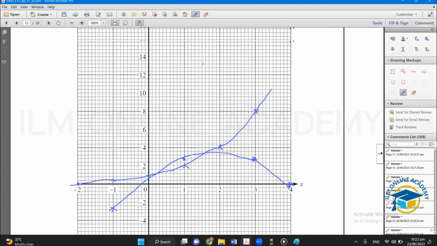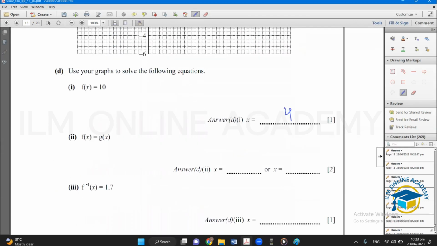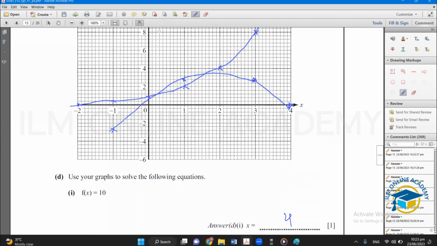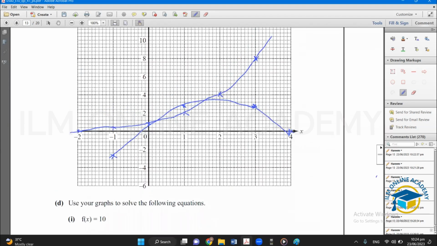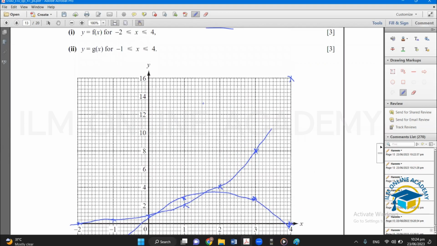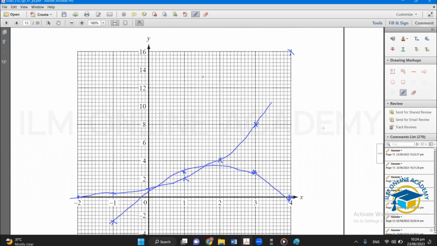Then f of x equals g of x. At which points is f of x equal to g of x? I haven't drawn this, but it's here now.